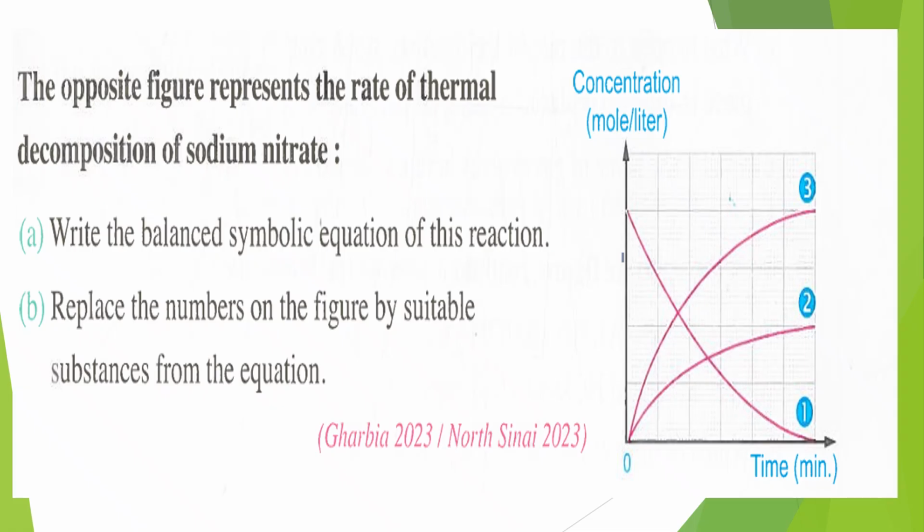So number 1 represents the reactants. Why? Because the concentration starts at 100 and ends at 0, because reactants are consumed during the chemical reaction.